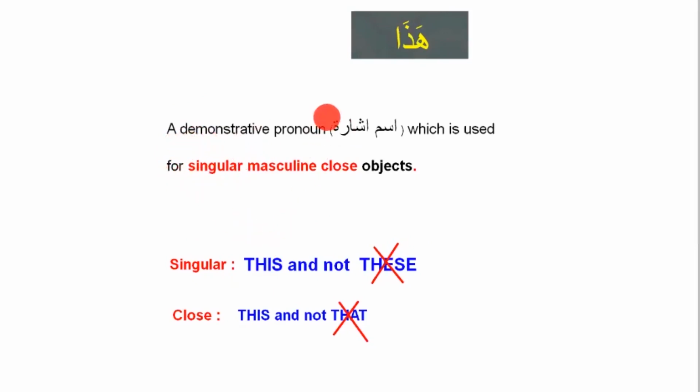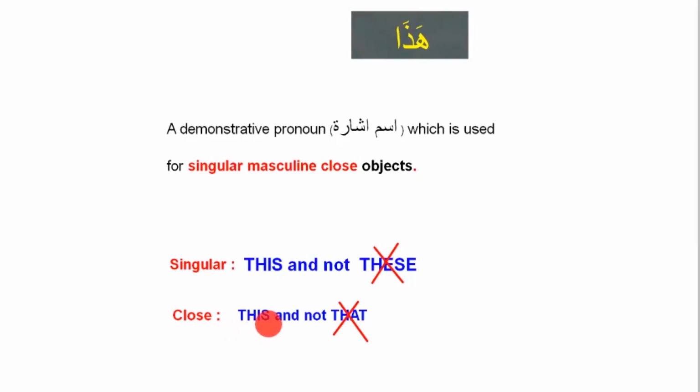Okay. Now the other one is masculine. But let me explain close before I come to masculine. What do we mean by close? Everybody knows what close means. Even in English, when something is close, for example, you say this is a house, meaning the house is close to you.